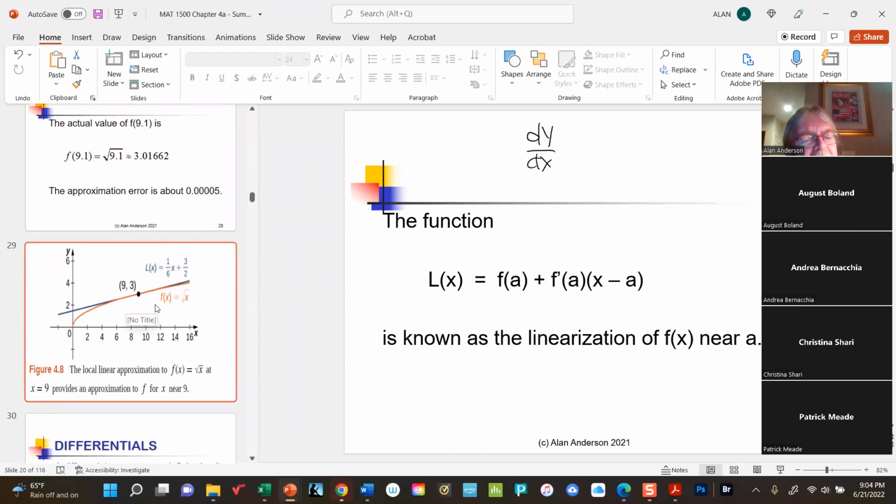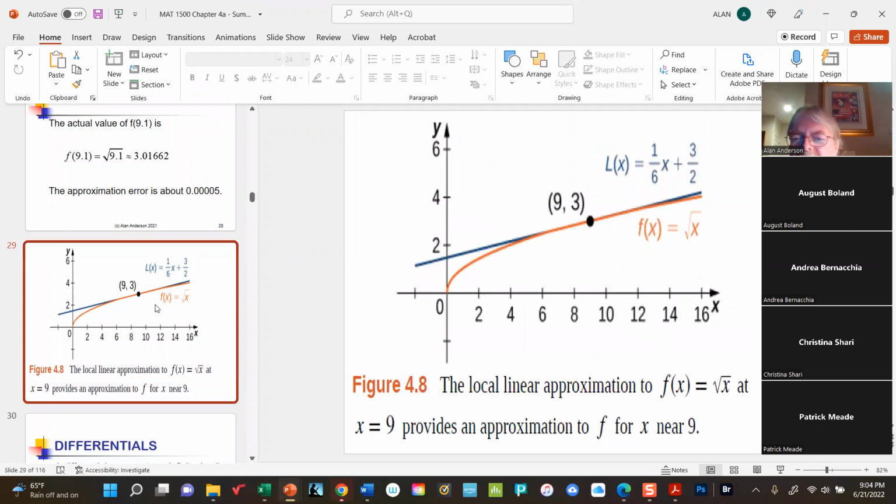By the way, I copied this out of the book because for the next example that's coming up, they're giving us a very nice graph. You can see how for the function square root of x, you can use the tangent line to approximate what will happen if we move away from x equals 9. The approximation will actually work pretty well for quite a while because this portion of the curve is pretty close to being linear.